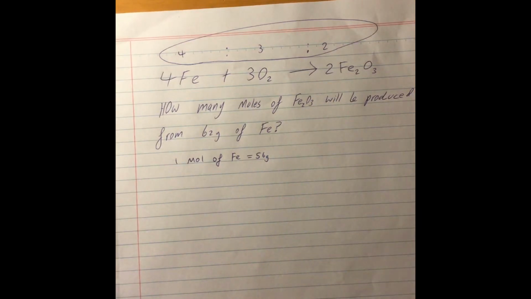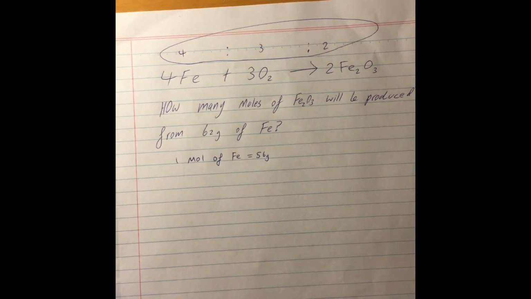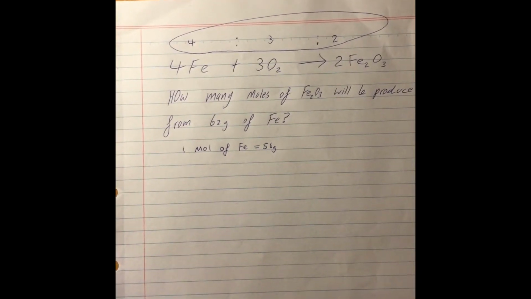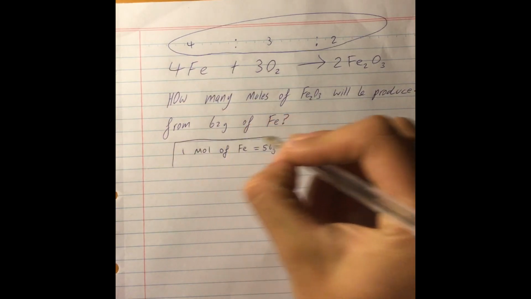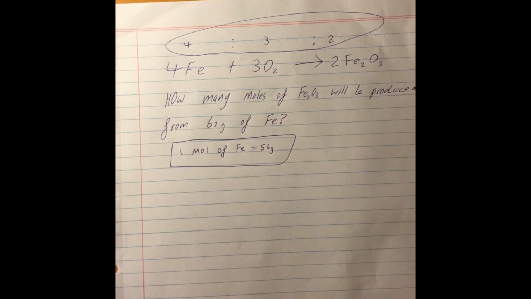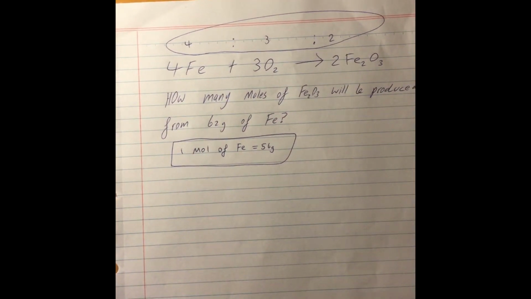I think it's something like 55.8, but I'm going to round up for this. If you don't know what a mole is, go watch a video on that. It's basically, if we have 6.02 times 10 to the 23rd atoms of iron, that will weigh 56 grams. So 1 mole of iron is 56 grams, and this is a good point to start.